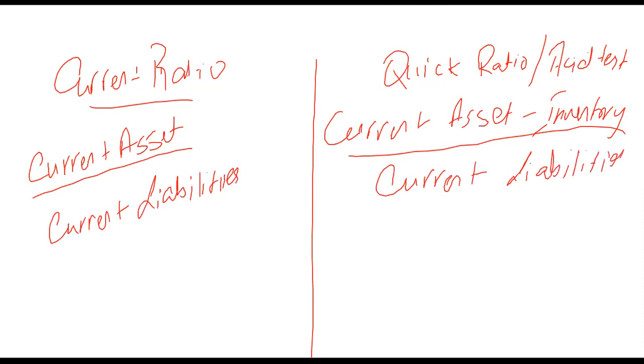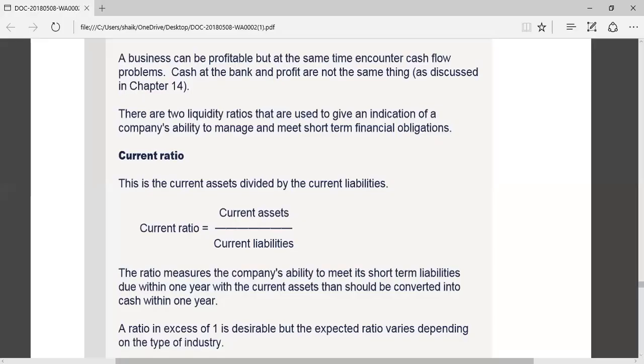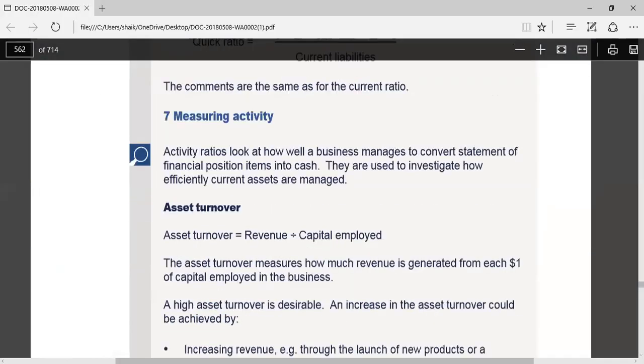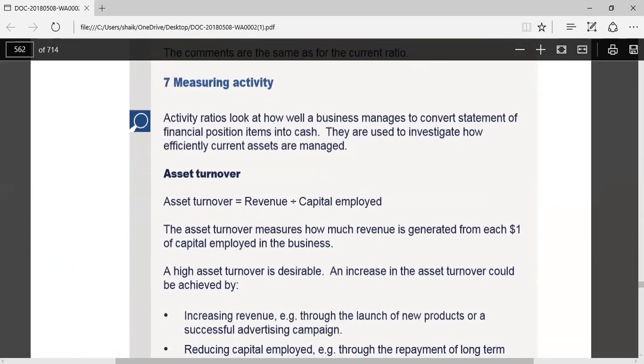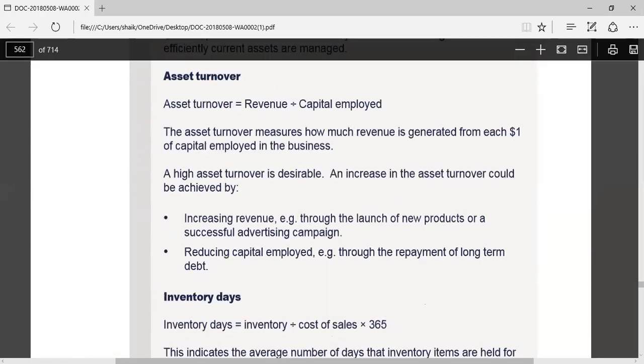Moving forward, after discussing current and quick ratio, remember the inventory is always the closing inventory. Now, measuring activities, asset turnover, we have already discussed.